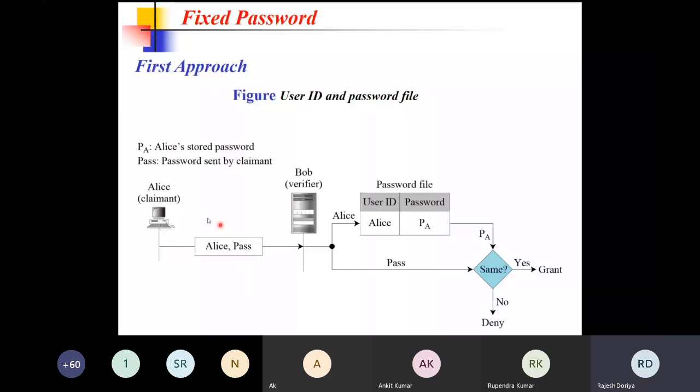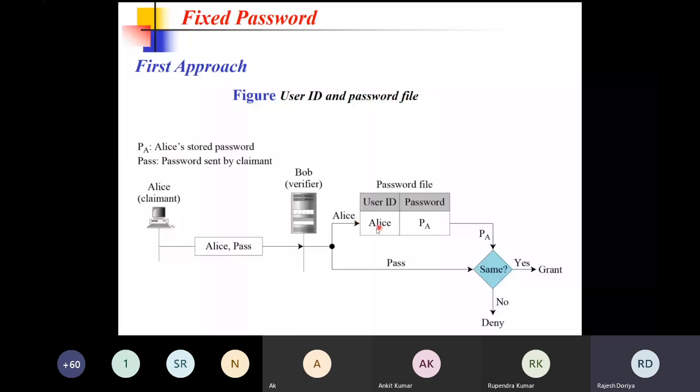And in this particular approach, there can be many types of attacks. For example, eavesdropping, where anybody can see the password. Thereafter, stealing a password, where somebody can try to steal a password from Alice or maybe Bob. Then accessing a password file.